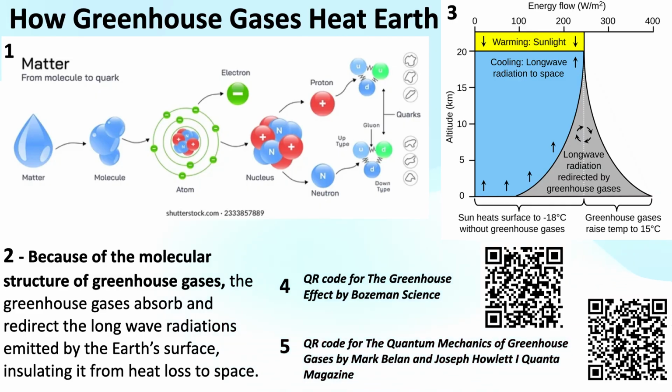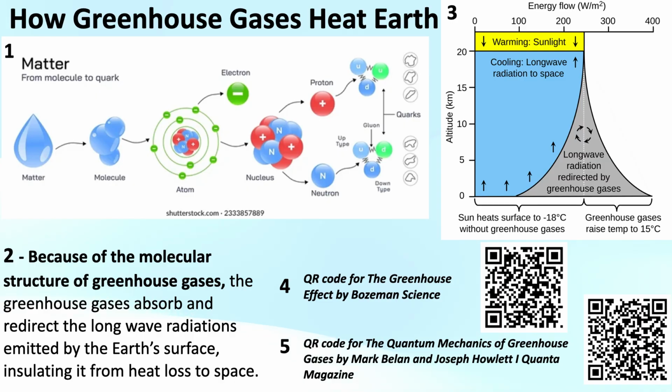Now, this is a fairly technical matter, and I have limited resources, but there are some excellent illustrations out there to show you exactly how this works. I thought I would put up QR codes for two that I found particularly good. Number 4 is a QR code for a YouTube video called The Greenhouse Effect by Bozeman Science. It's less than 10 minutes long, and it's very informative.